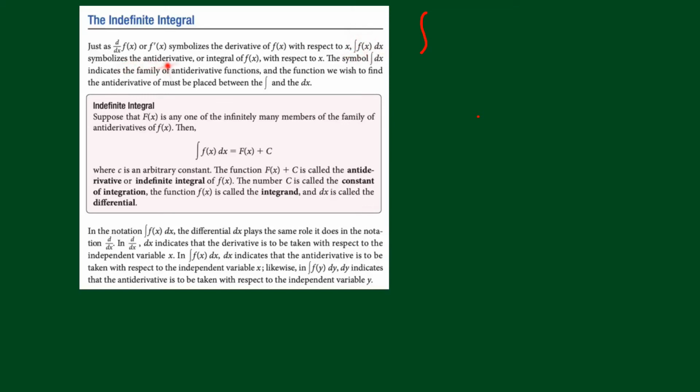That symbolizes the antiderivative, or integral, of f of x. So f prime symbolizes the derivative of f of x, and this notation is the antiderivative. Another word for antiderivative is the integral of f of x with respect to x.